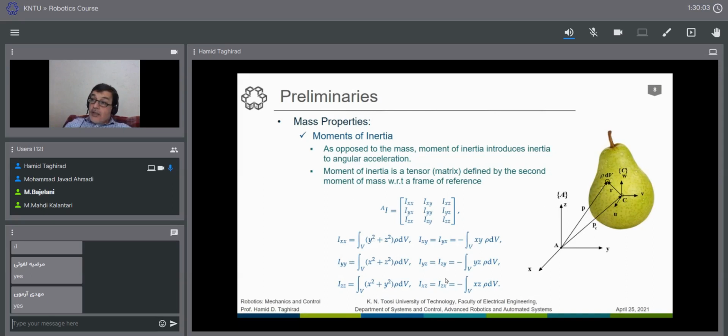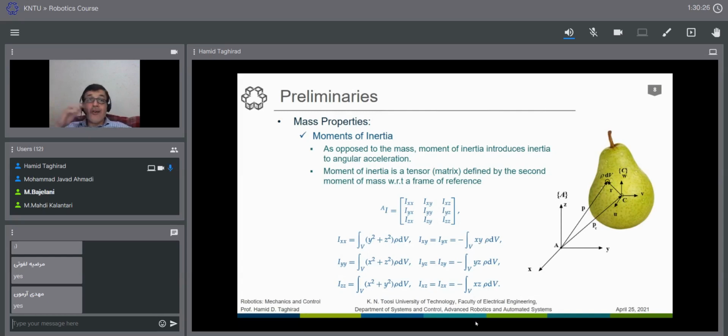This gives the diagonal part, and the off-diagonal terms are also symmetric. As you can see, Ixy is equal to Iyx, which is minus the integral of xy rho dV, as defined here.